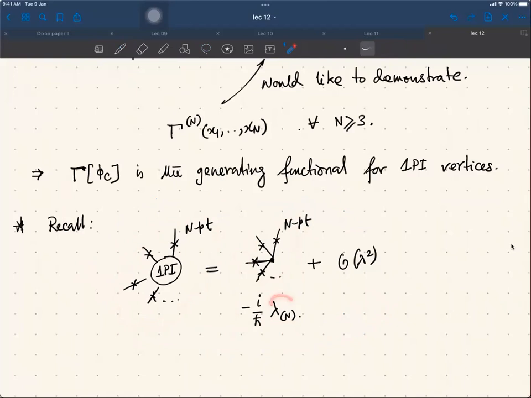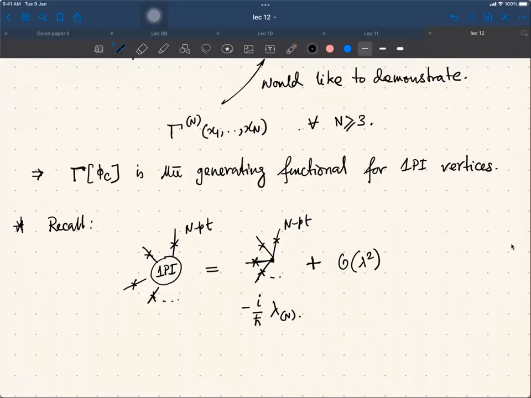You can think of phi cube theory as the most general theory with all lambda n's such that the higher lambda n's are set to 0. So these couplings are 0. But in general, you can write this equation. Lambda squared means all sorts of lambda n's will be involved there. So it's a schematic way of writing it.